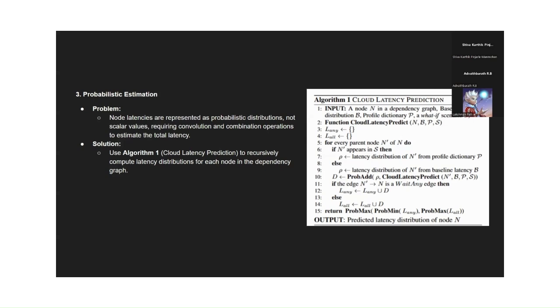WebPerf solves this by using Algorithm 1, which is shown in the picture, a cloud latency prediction algorithm which recursively computes the latency distribution for each node in the dependency graph. This approach ensures accurate prediction of overall request latency by efficiently modeling variability in task execution time.